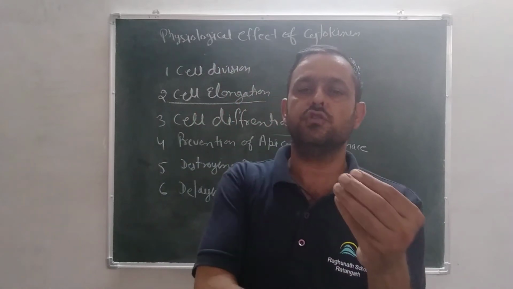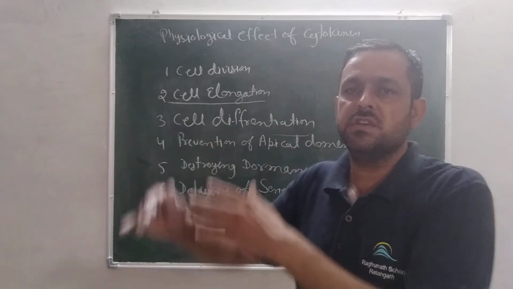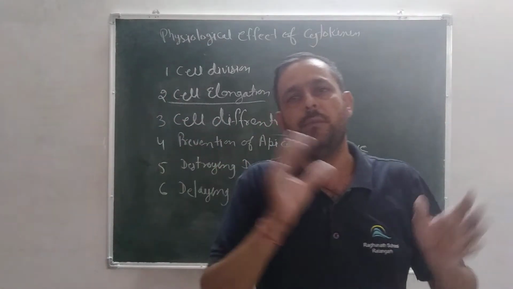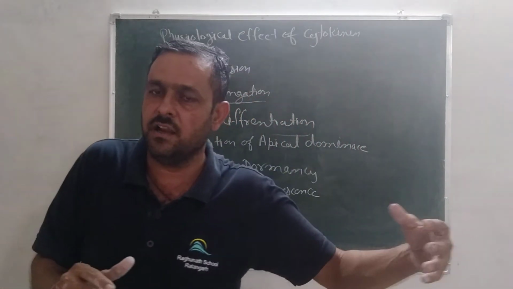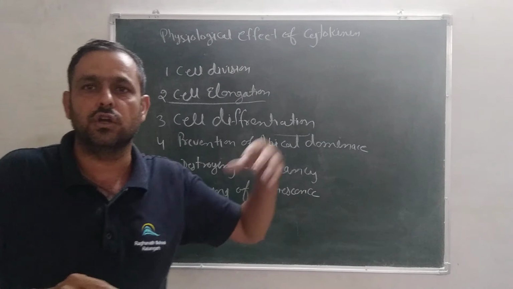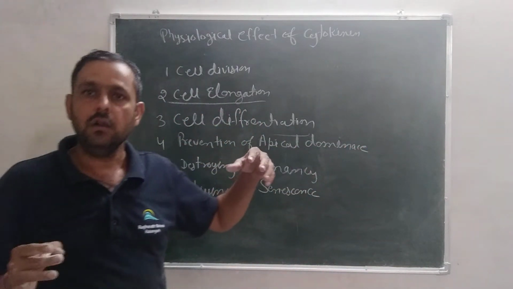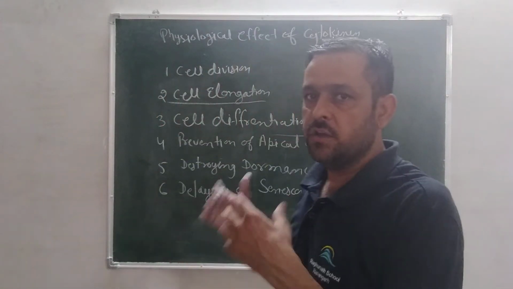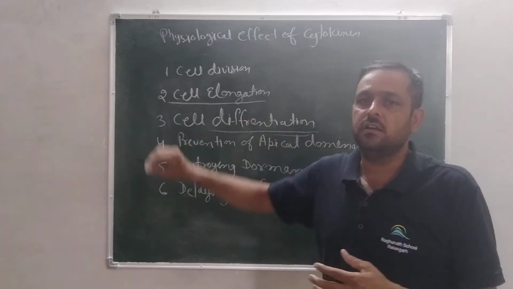Cytokinin produces various effects in different ratios in presence of auxin, which we studied earlier. Means by the compound effect of cytokinin and auxin, cells are differentiated or developed into shoot, root, or callus, or both shoot and root. That is the combined effect of cytokinin and auxin, or we can say that is cell differentiation.